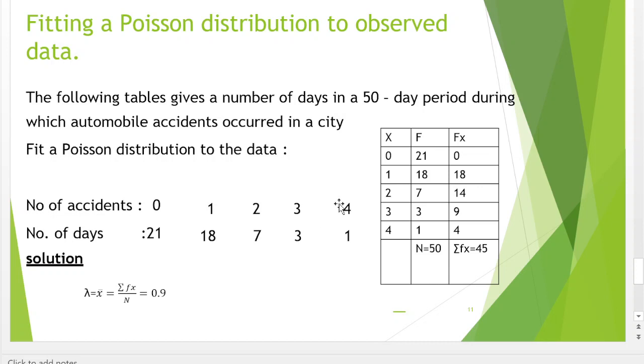Fitting a Poisson distribution to observed data. The following table gives the number of days in a 50-day period during which automobile accidents occurred in a city.